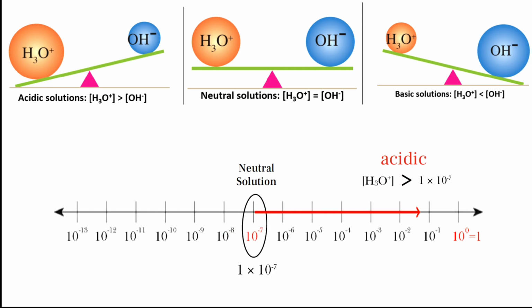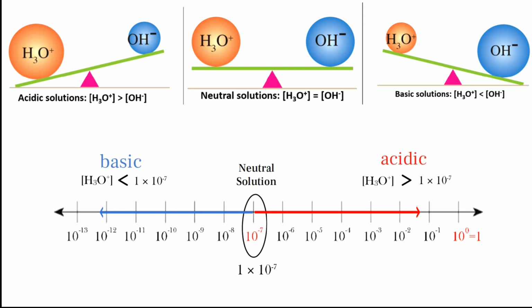As we note, we are dealing with negative powers. But if the concentration of H3O+ is less than 1 times 10 to the power of minus 7 in this direction, this indicates that the solution is basic.